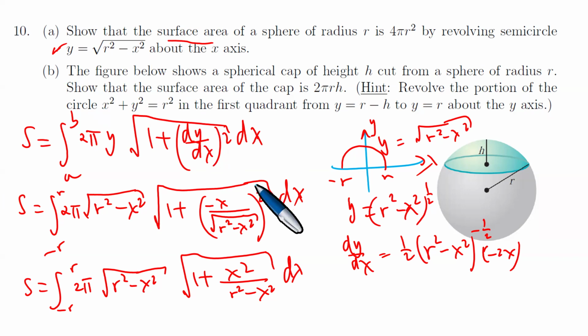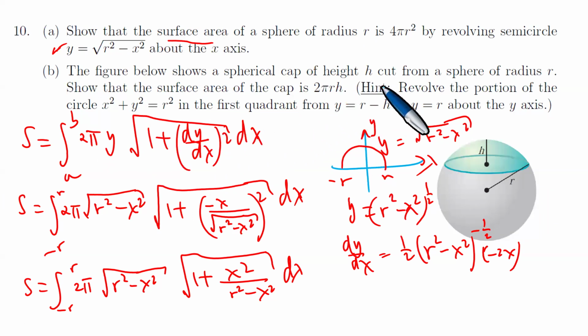Right, the figure below shows a spherical cap of height h, cut from a sphere of radius r. So you cut a little bit there from this sphere. This sphere is of radius r, but cut the top. Show that the surface area of the cap is 2 pi r h.